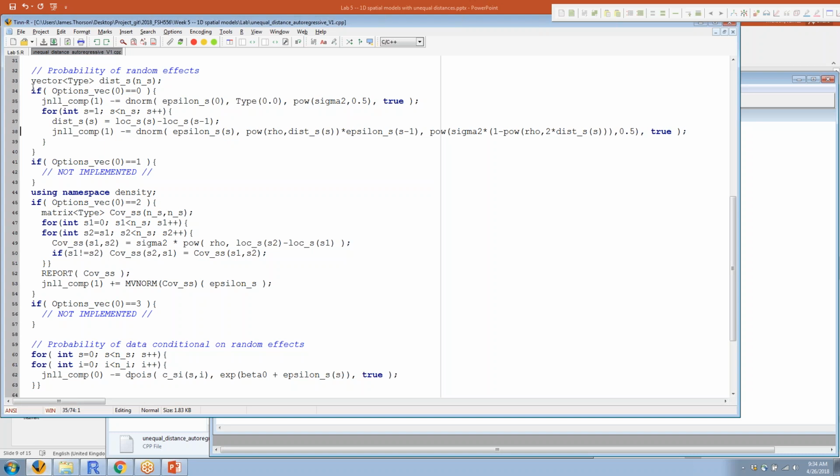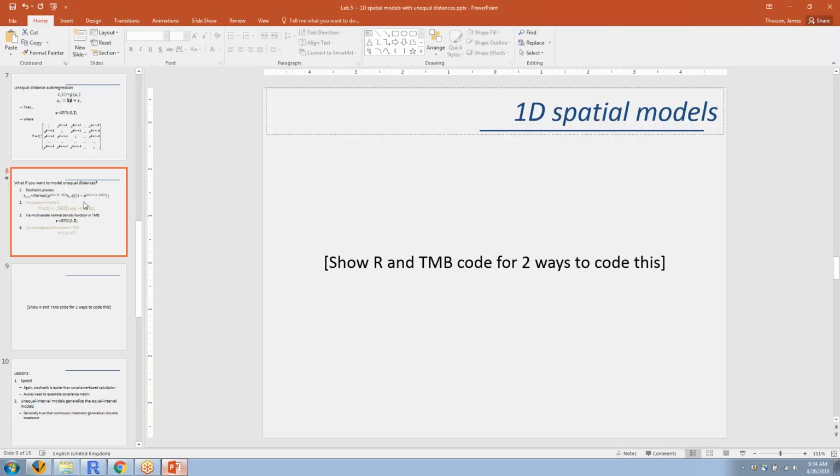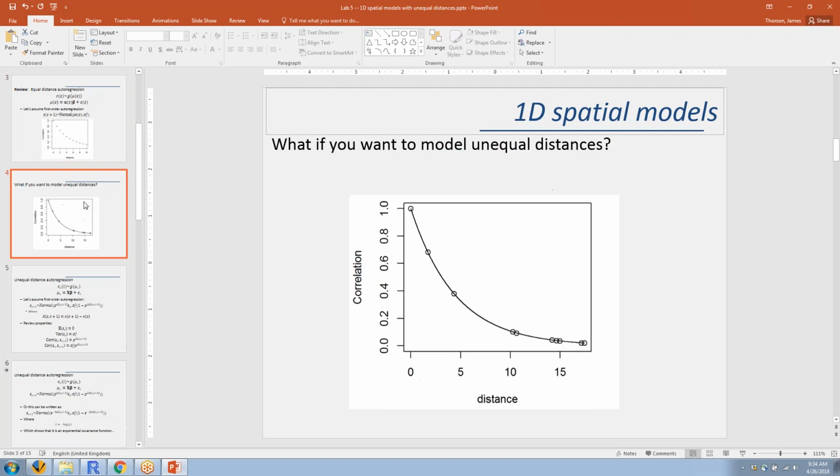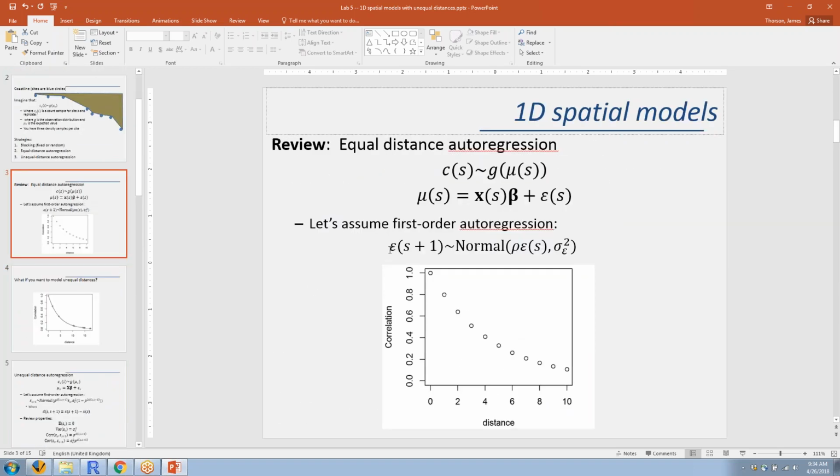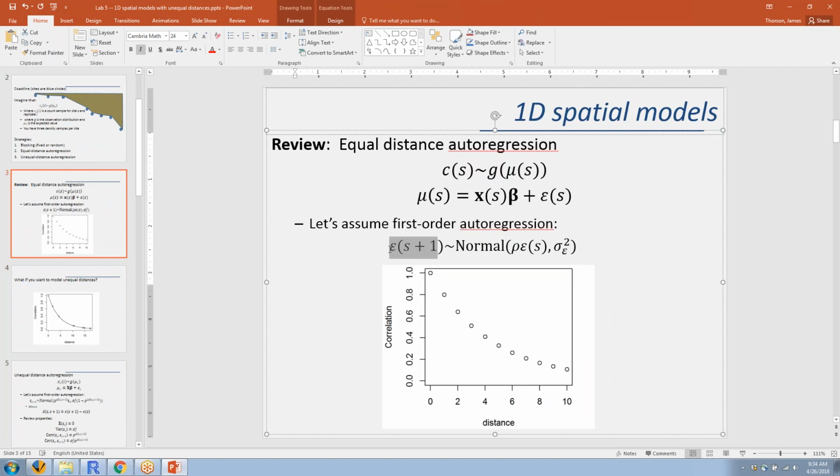Like this recursive equation. When we've been working out the code, we've been showing this probability of S for location S plus 1 given epsilon at location S. So we've been defining it recursively, but of course this recursive equation doesn't actually apply for the first location because it has no location upstream from it.